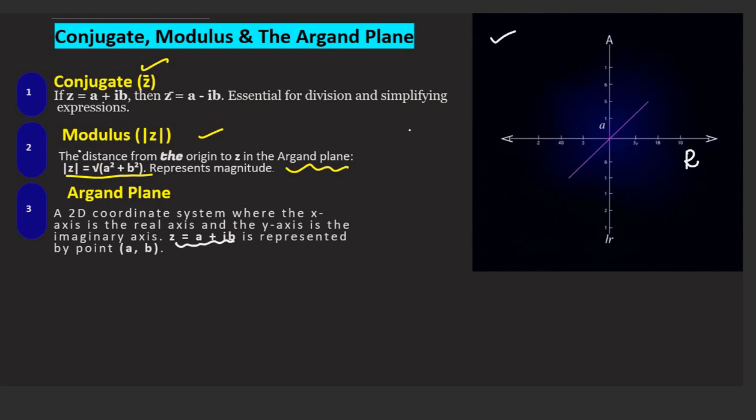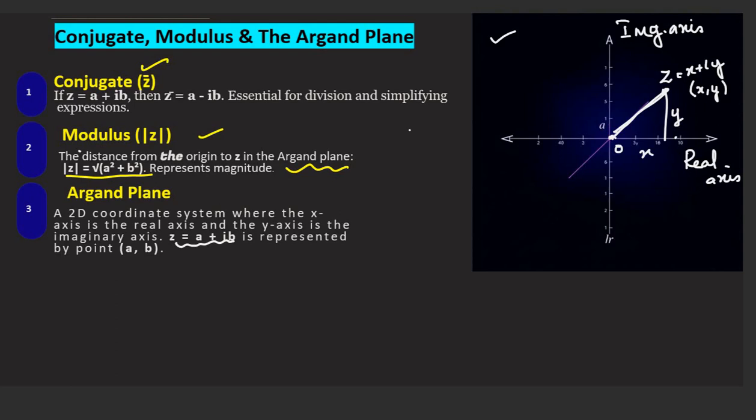This x-axis is called the real axis and the y-axis is called the imaginary axis, and this is the origin, and the line goes from the origin to any point. For example, I take the point here as the complex number z, where z is equal to x plus iy, which can be written in terms of coordinates x comma y. The distance from the origin along the x-axis is x, and the distance from the x-axis to z is y.